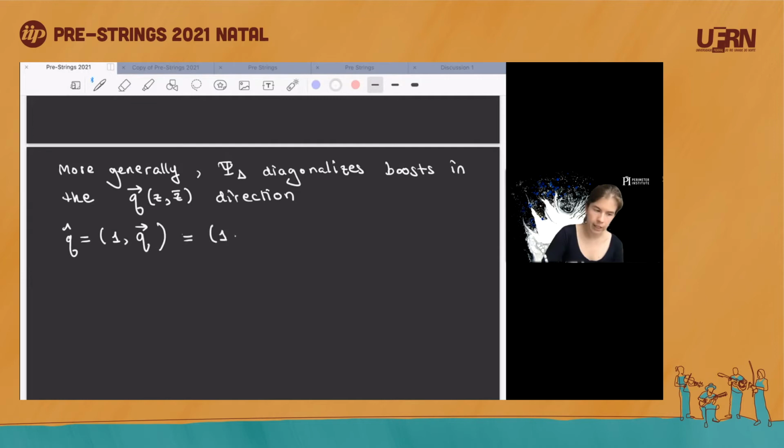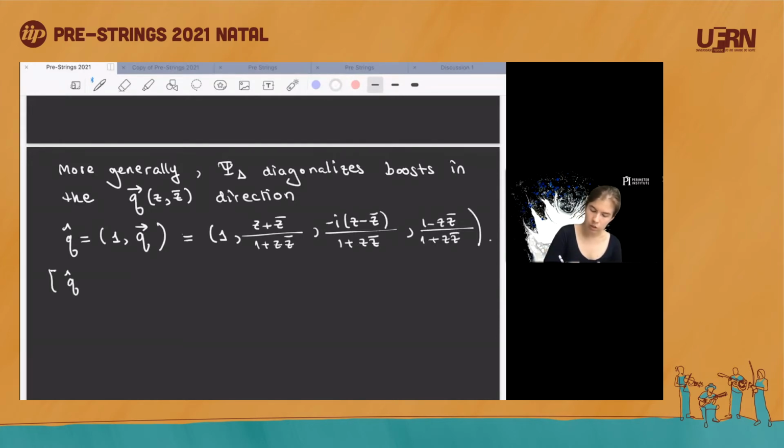So in particular, I can write this as 1, z plus z bar divided by 1 plus z z bar, minus i(z minus z bar) over 1 plus z z bar, 1 minus z z bar over 1 plus z z bar. So this vector is null overall, which means that the spatial vector Q hat squared is equal to 1.